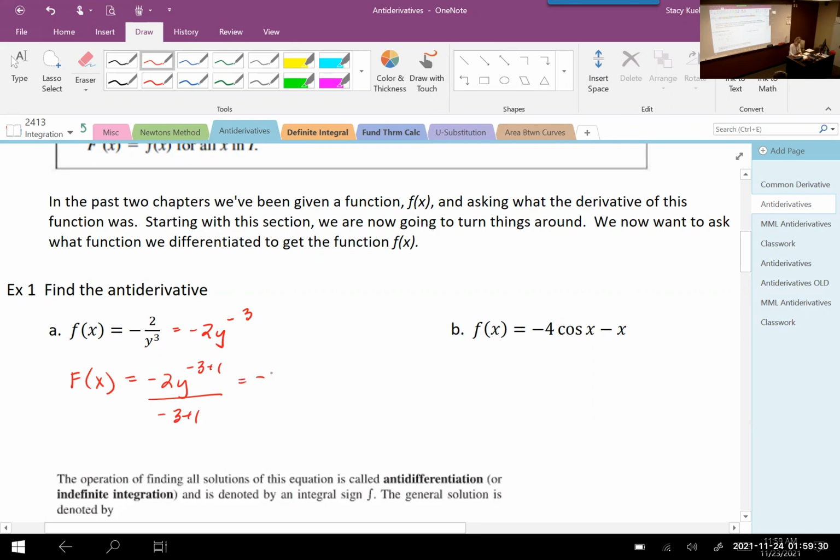So I have -2y to the -2 over -2. Those cancel, leaving me with just y to the -2, or 1 over y squared. That's the antiderivative.